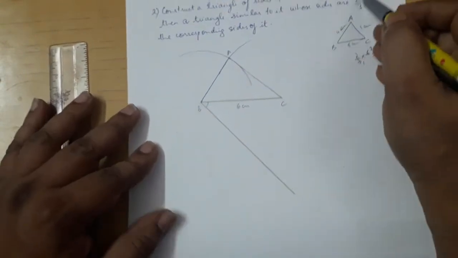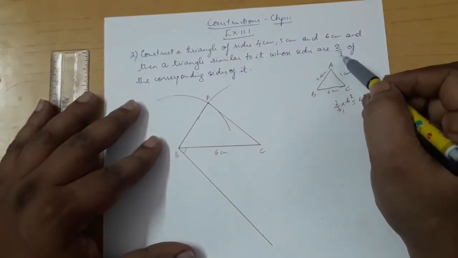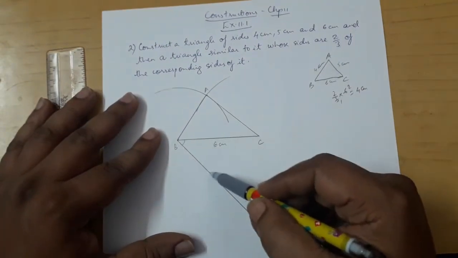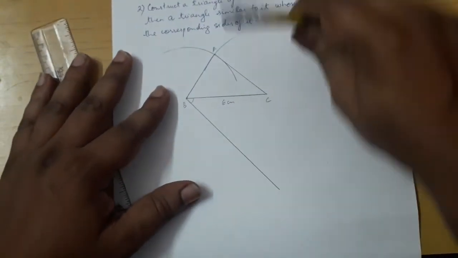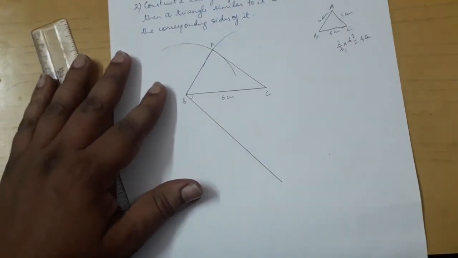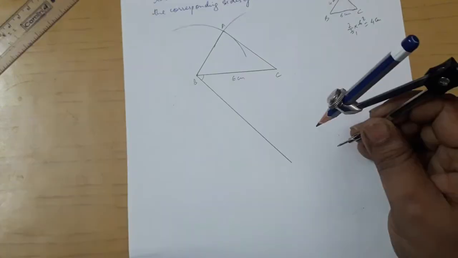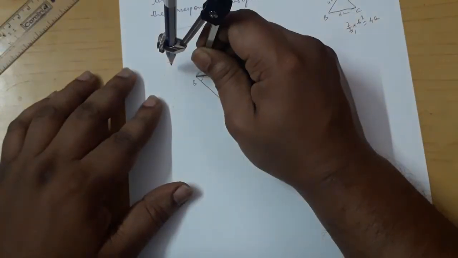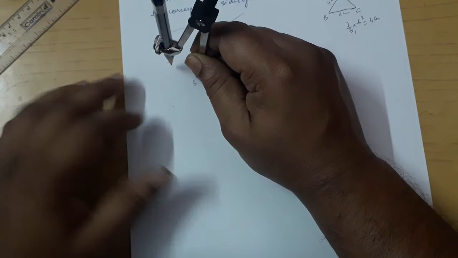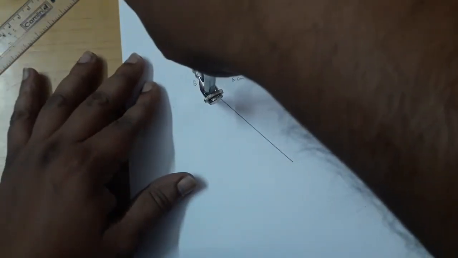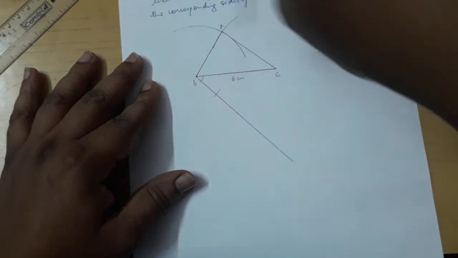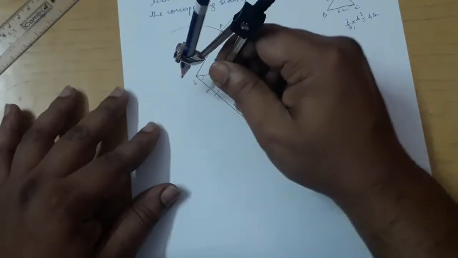Now since the question says 2 by 3, that means we need to cut 3 equal units on this line. Let's take 3 units. The actual measurement doesn't matter, you can take whatever measurement you like, provided you can cut this line into 3 equal parts with the same measurement.